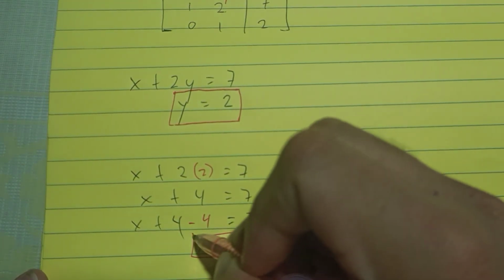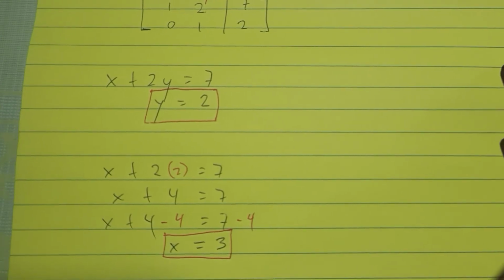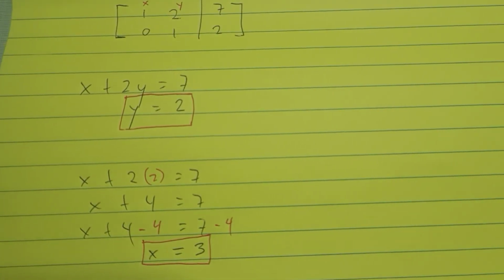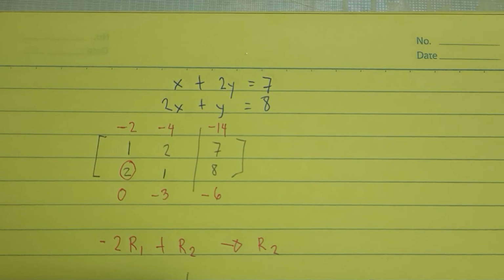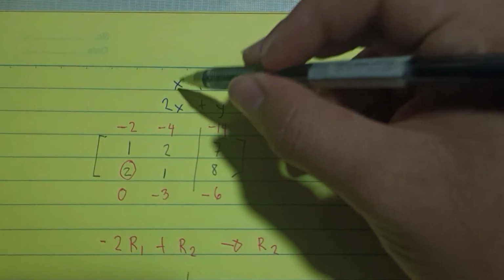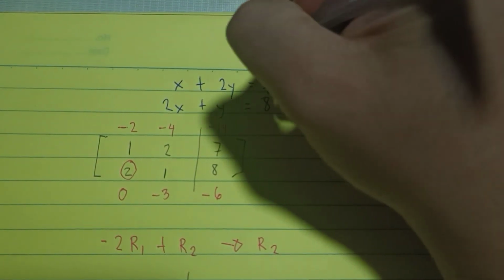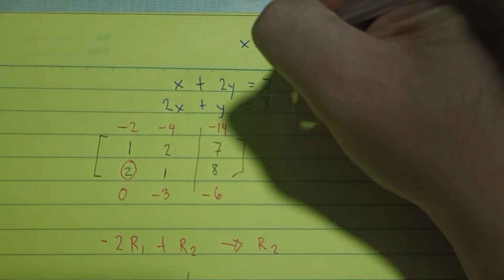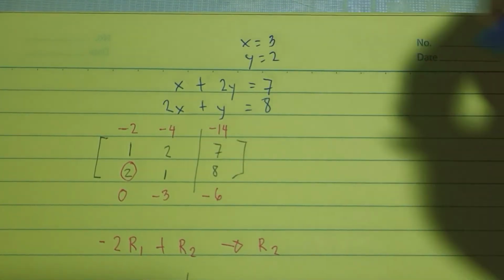Now, to check that, we will put it into the original equations. The value of x is 3 and y is equal to 2.